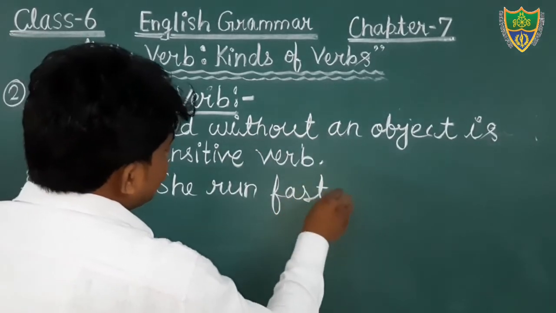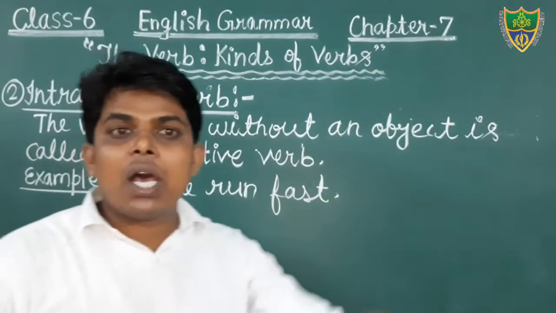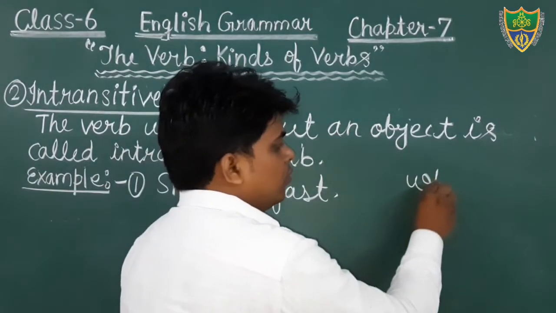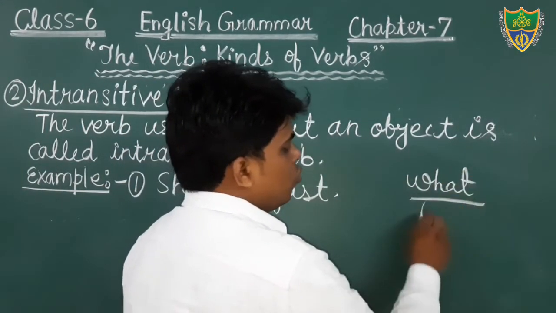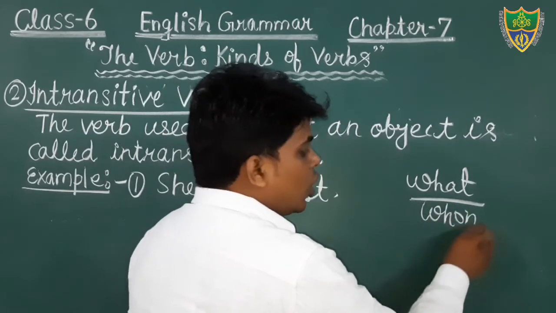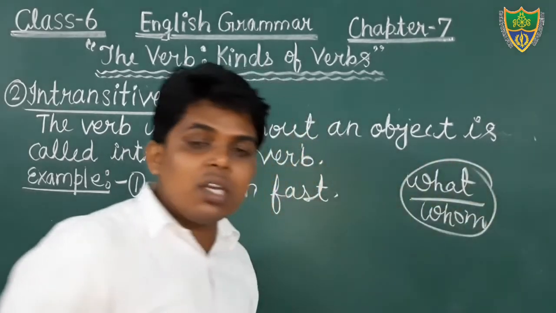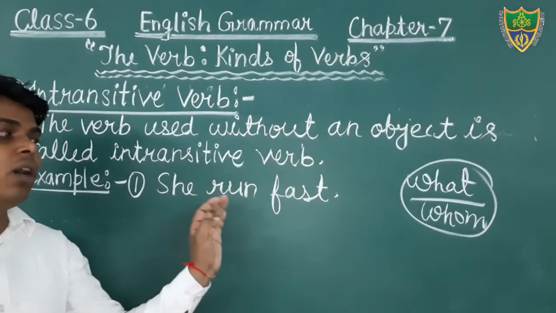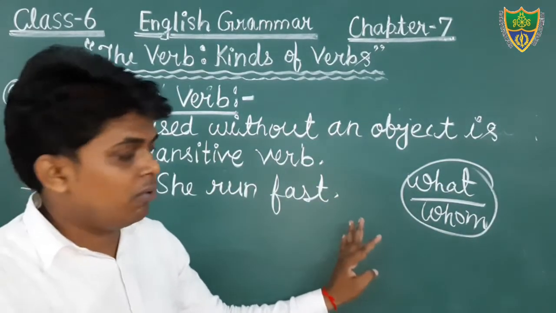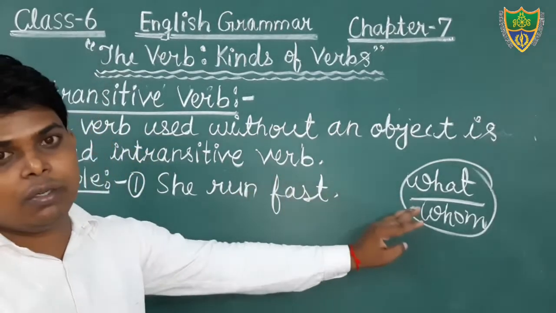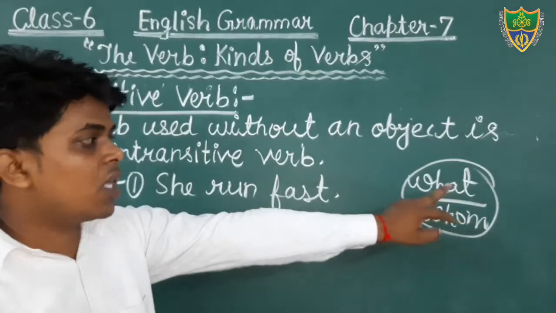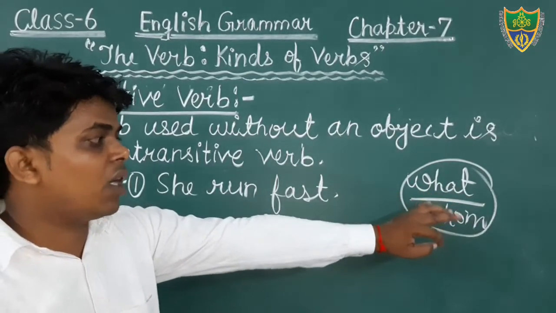Dear students, keep one thing in your mind: if we ask the question using what and whom, and we are not getting the answer, then that verb would be an intransitive verb. Here we cannot get the object by asking with the word what and whom.